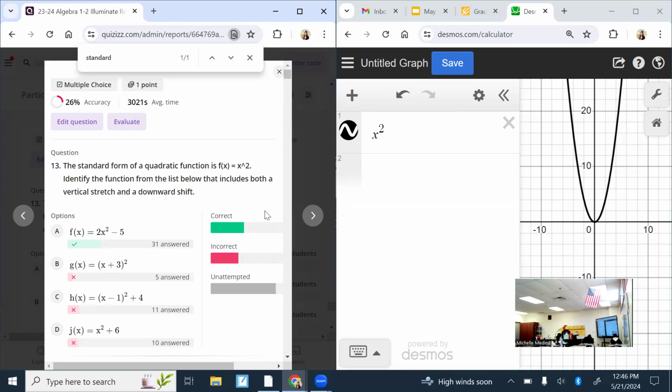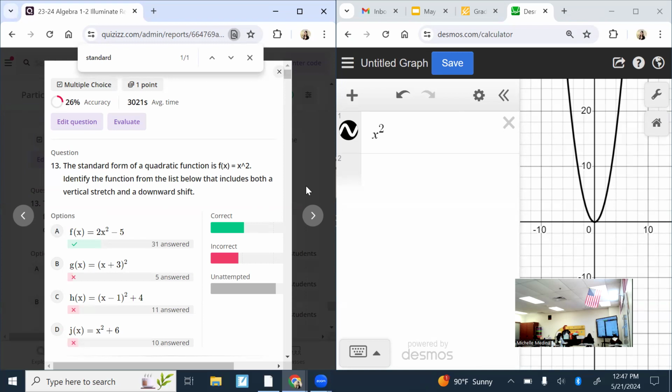Class. So vertical stretch would be more narrow. Think of if you cropped a picture and then pulled it this way, it gets more narrow, whatever's in that picture. So that's a vertical stretch. We want one that looks more narrow and that has a downward shift. So it's also going down.